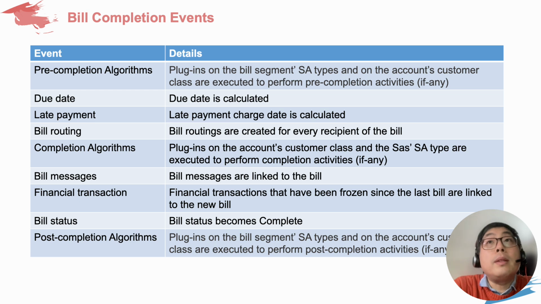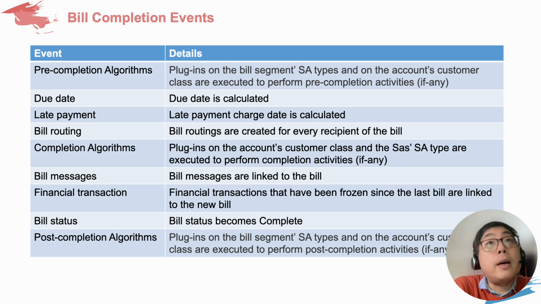We looked at this one last time. I'm not going to go through all of these, but what I would like to emphasize is these events are written in a sequence, so you need to understand how the sequence actually works. This is probably not every event; there are more events happening in different scenarios.